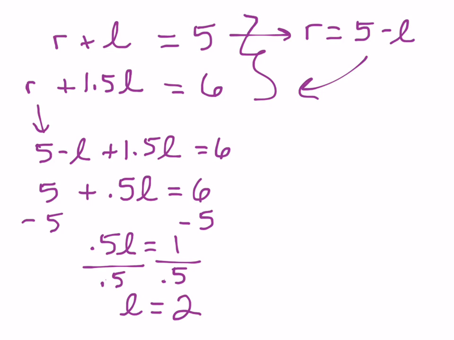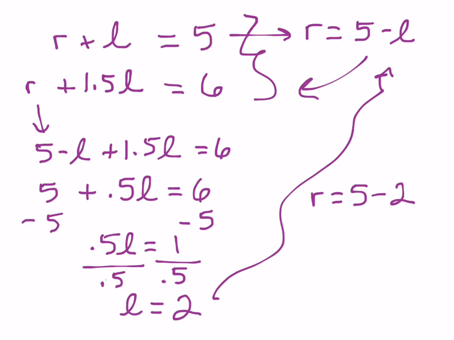All right, and then we just need to find R now, so let's take this back up to the equation that's solved for R, and you get R equals 5 minus 2 in place of L, and R equals 3. Okay, so 3 cups of regular coffee and 2 large cups of coffee.